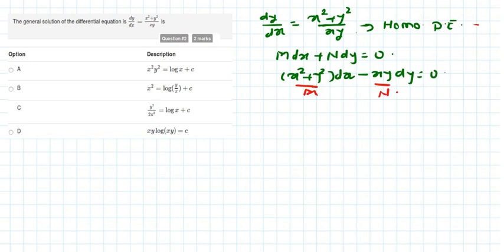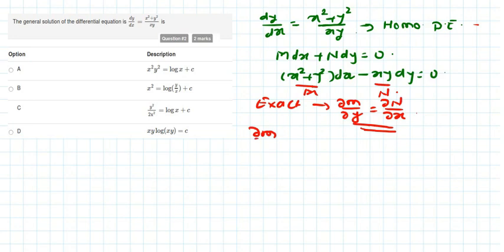Let's check the condition for exactness. The differential equation is exact when del M by del y equals del N by del x. If this happens, then only the differential equation is exact. Del M by del y is 2y and del N by del x is minus y.